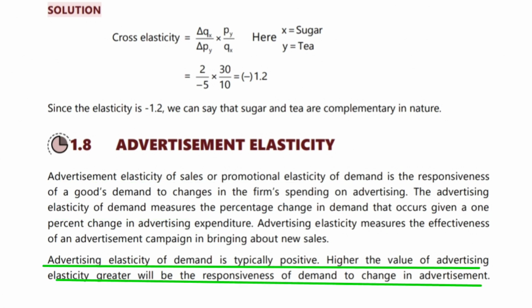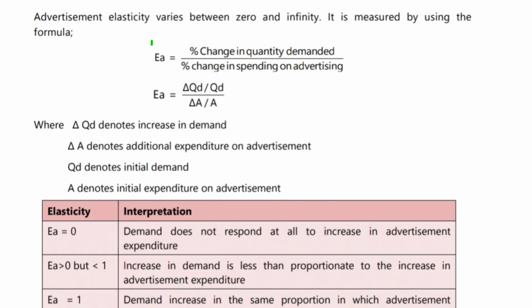If it is positive, then the increase in advertisement expenditure shows a greater response of demand. So EA, which refers to elasticity of advertisement, usually varies between 0 and infinity. The formula goes like this: percentage change in the quantity demanded divided by percentage change in spending on advertisement.